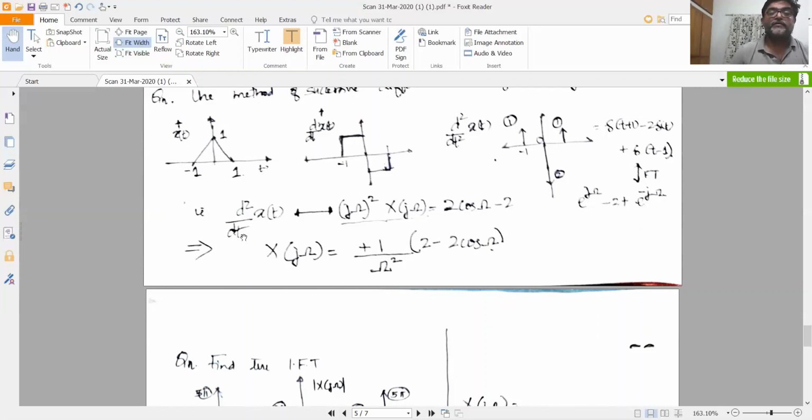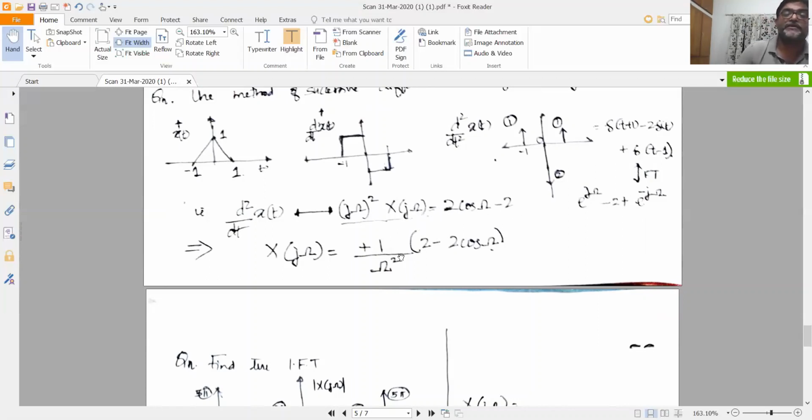So d squared by dt squared of x of t would, from the time differentiation property, be given by j omega the whole squared, which is equal to minus omega squared into X of j omega, which is equal to 2 cos omega minus 2. This you have evaluated now.